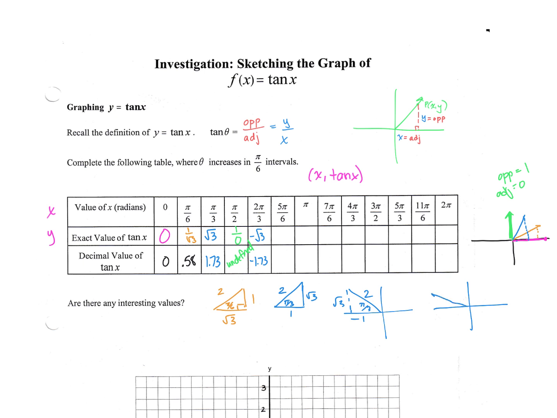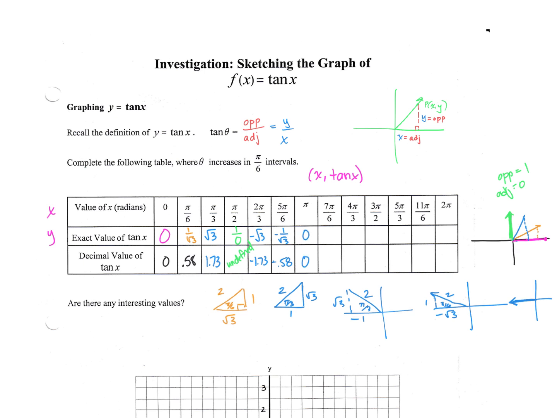Now I'm at 5 pi by 6, and that's going to give me a negative 1 over root 3. And then when I get to pi, my opposite side is 0. My adjacent side is a -1. So 0 over -1 is just going to be 0.